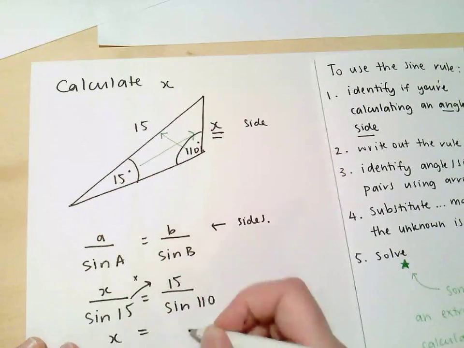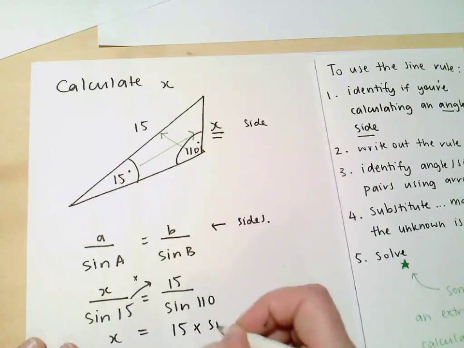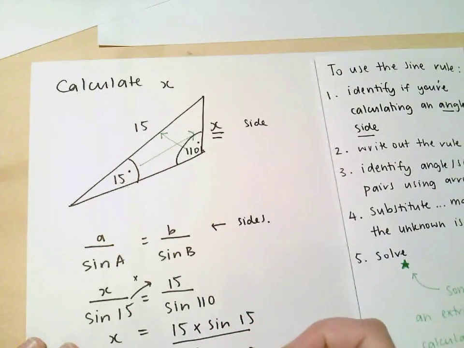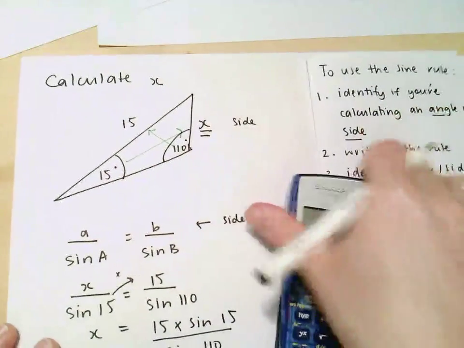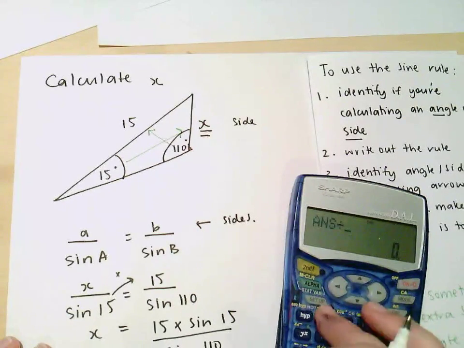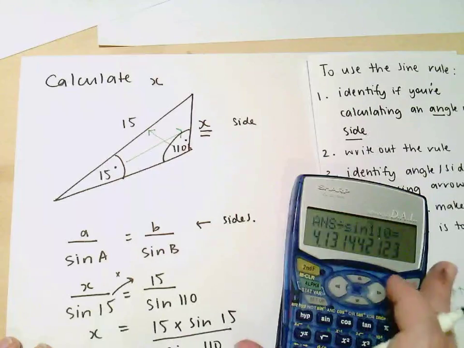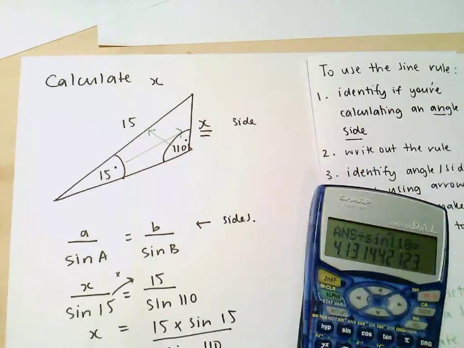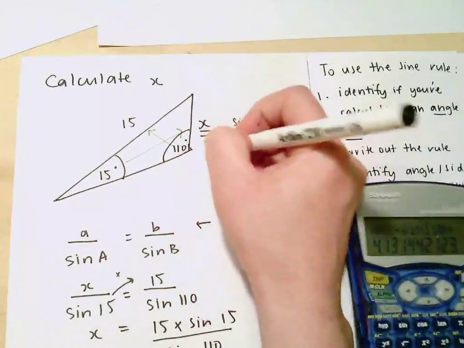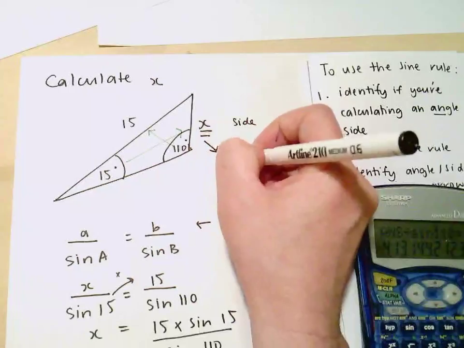And I end up with x equals 15 times sine 15 divided by sine 110. Again on my calculator, 15 times sine 15 divided by sine 110 gives me, in this case, 4.13. So that's the length of my side, 4.13.